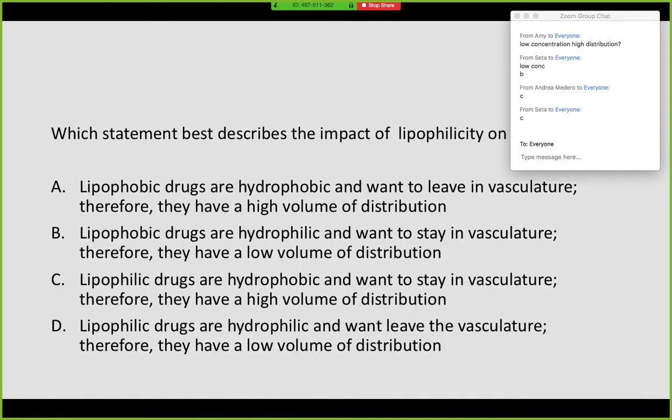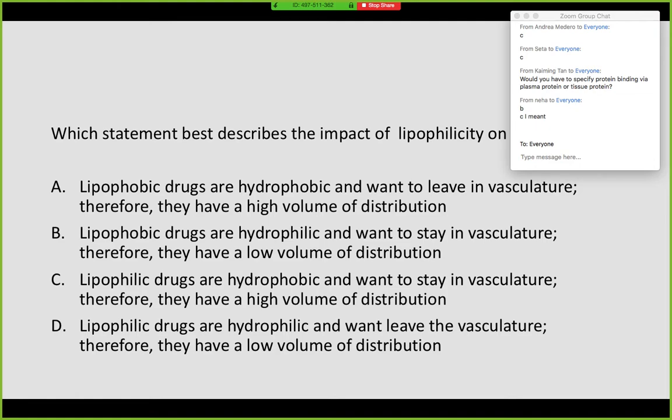All right. I think this one's a little tougher. We'll see. So which statement best describes the impact of lipophilicity on apparent VD? Would you have to specify protein binding be a plasma protein or tissue protein?